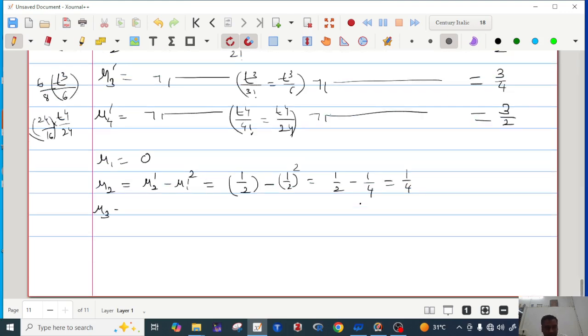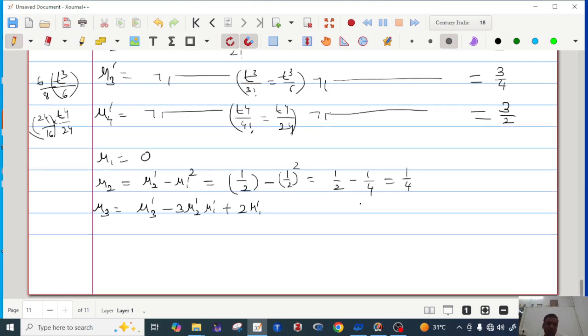Mu3 equals mu3 dash minus 3 times mu2 dash times mu1 dash plus 2 times mu1 dash cube. Here mu3 dash is 3 by 4, minus 3 times mu2 dash and mu1 dash, which are the same, 1 by 2 into 1 by 2, plus 2 into mu1 dash cube, that is 1 upon 8.